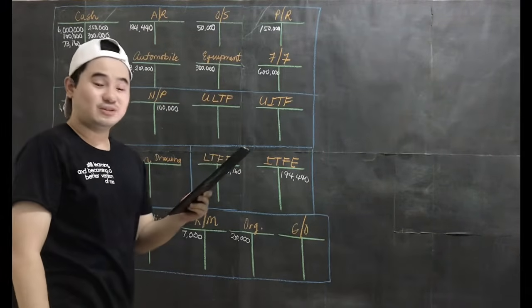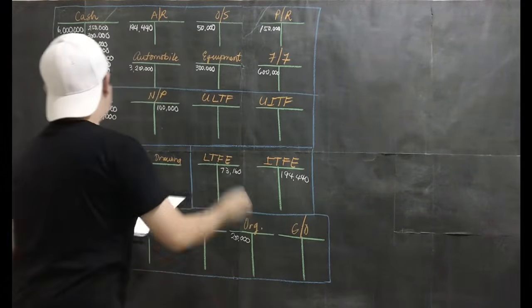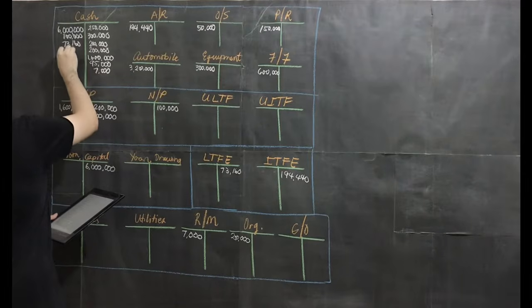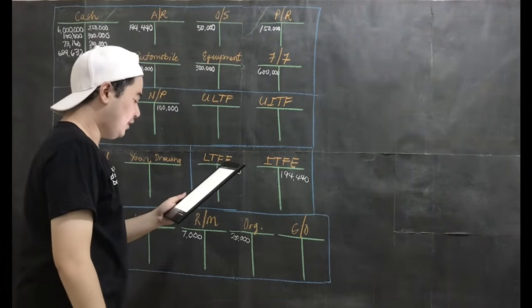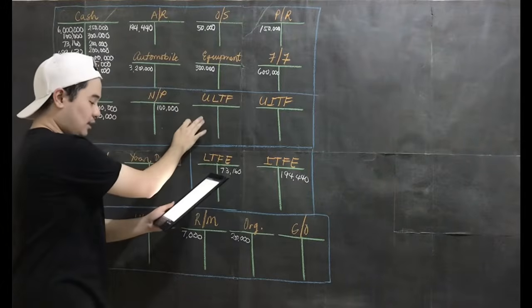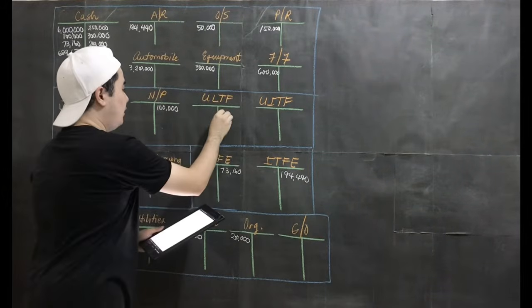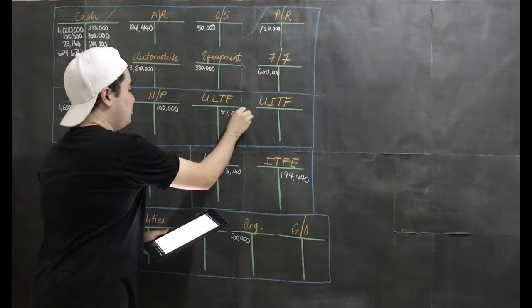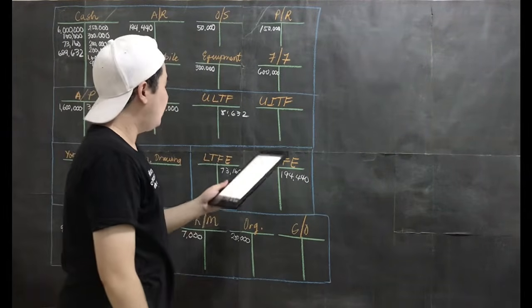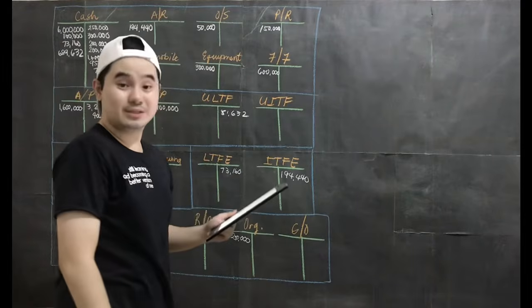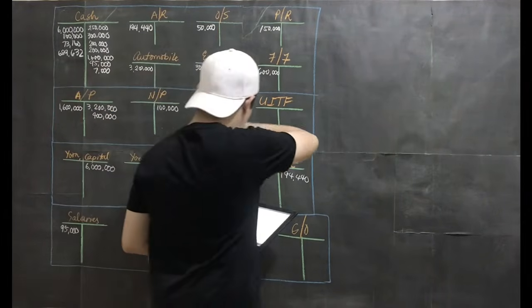Debit cash, 689,632. Credit unearned local travel fees, this is it, credit, 51,630. Okay? And then credit unearned international travel fees, 638,000.